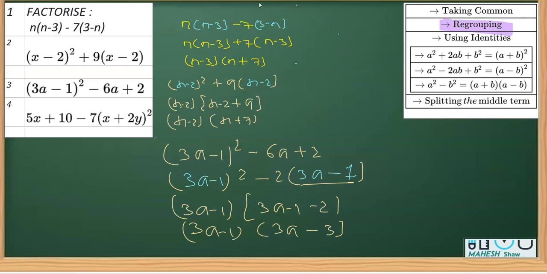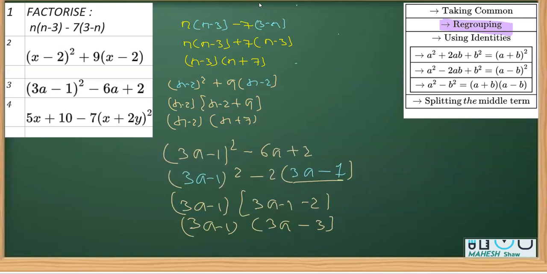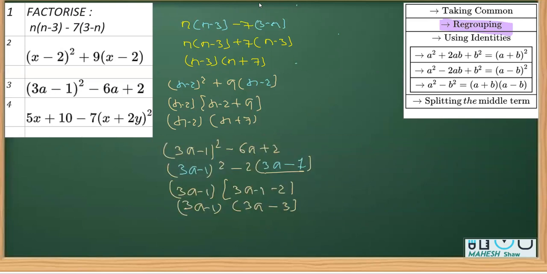Now many of you leave the answer here without realizing that it can be further factorized. As you can see here, this 3 is common, so we can take out 3 common again. We'll be writing this 3 in the beginning, the one which I have taken common from here.